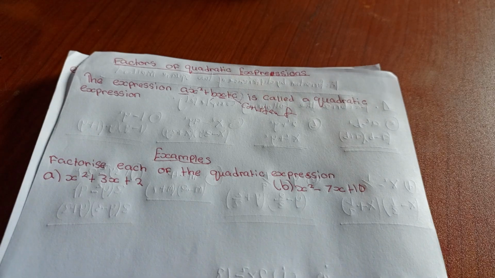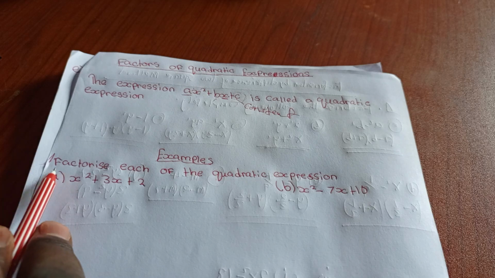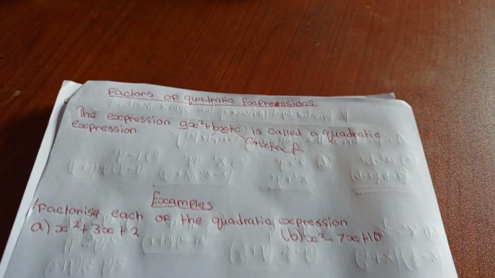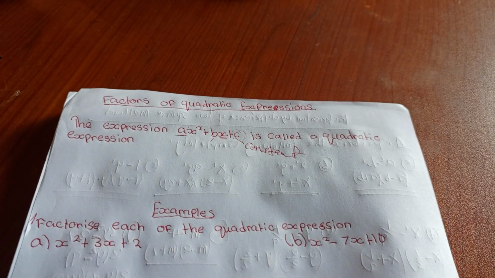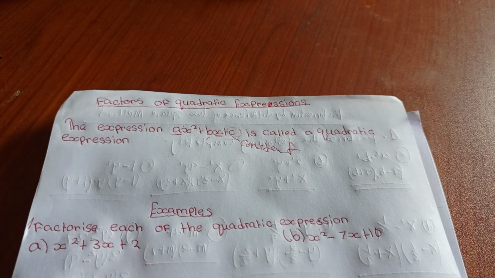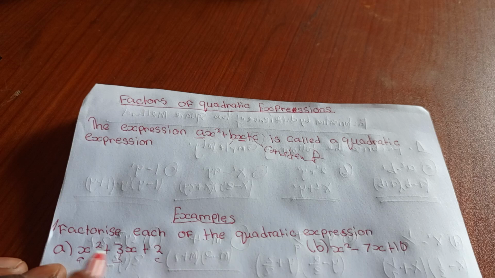For example, question 1 says: factorize each of the following quadratic expressions. When factorizing such an expression, you need to follow these steps. This is our a, our b, and our c.